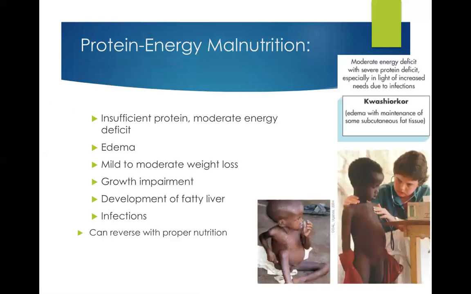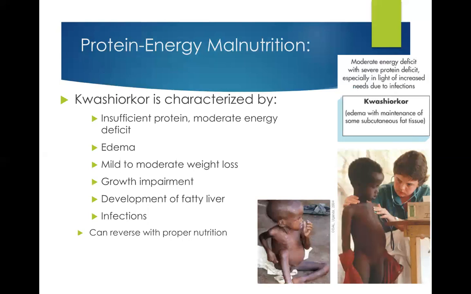So the first type of this is called kwashiorkor. And this is where you see mild to moderate calorie depletion, however, severe protein depletion.